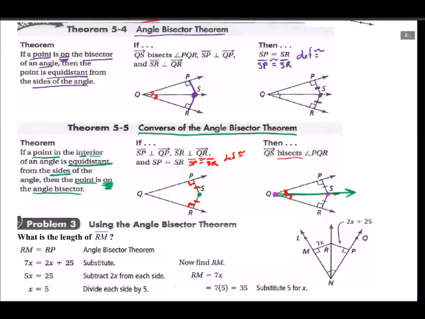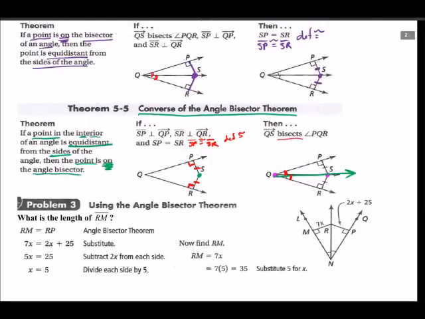And what do we do with this? Well, we get a diagram like this. And we look and see what we have. I see right angles. I see an angle bisector. So I know I have an angle bisector that ray NR is an angle bisector.